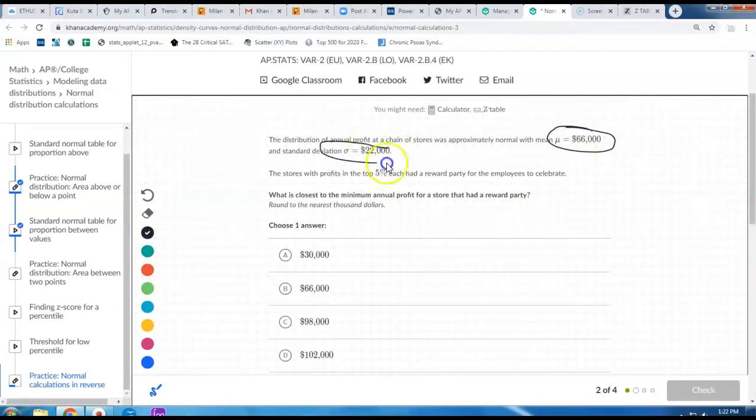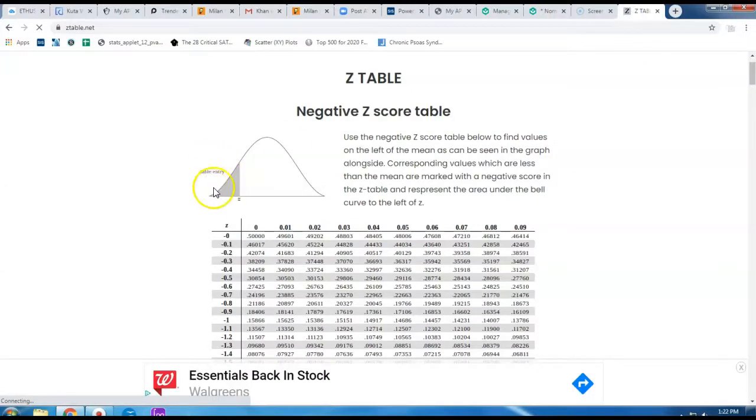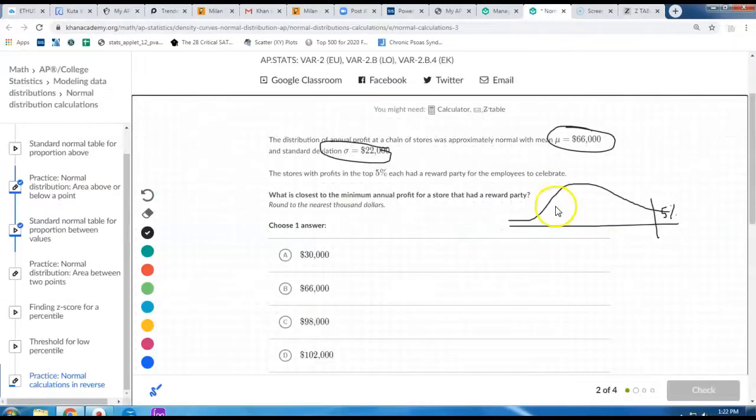For this one, we have mu here, we have sigma there, and then they ask, what about the top 5%? Well, the top 5% means we want 5% of the data to be up there. But that table only thinks in terms of lower. The table will take whatever z-score you give it and tell you the percent of data to the left of it.